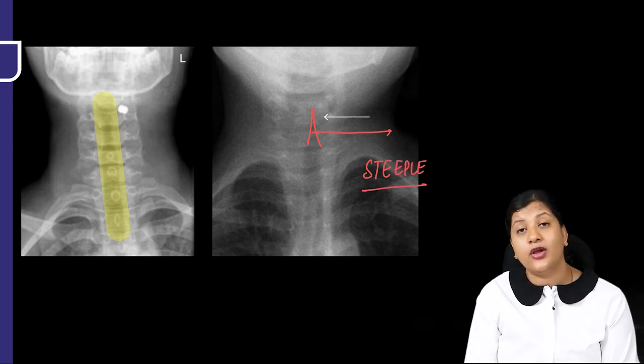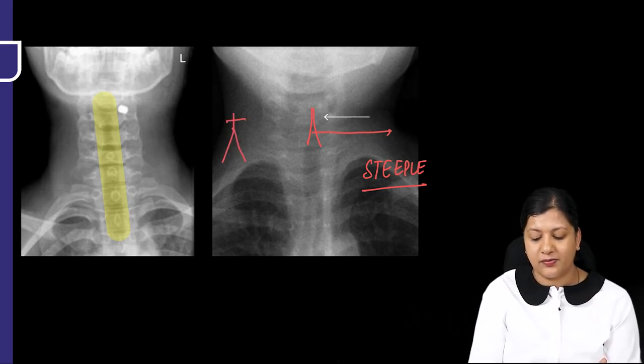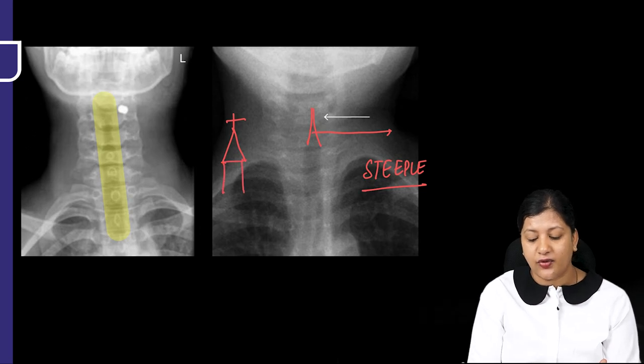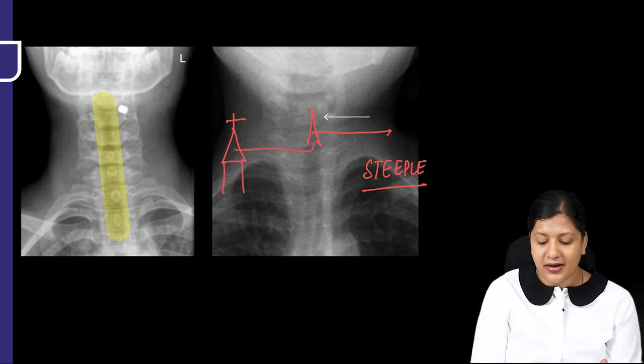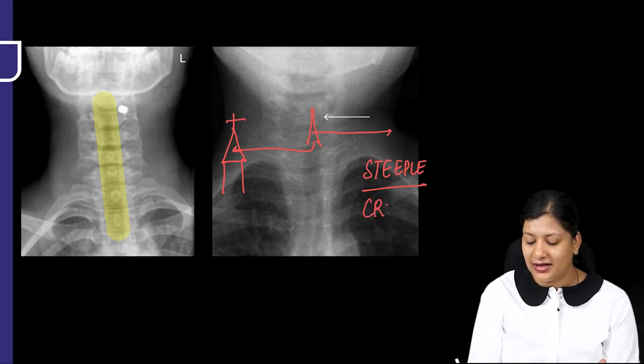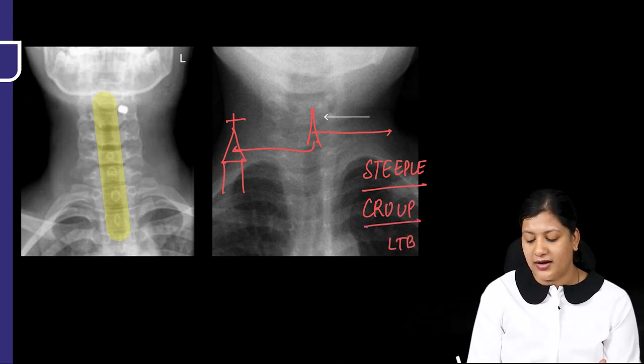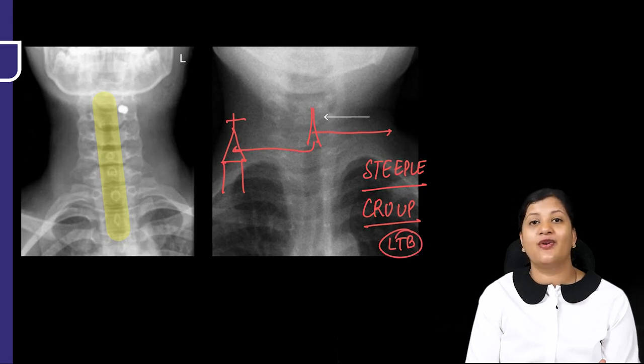It is narrowing of the subglottis resembling the steeple of the church. So we have the steeple of the church, right? So narrowing of the subglottis resembling the steeple of the church, we call it steeple sign, and steeple sign is seen in croup. And what is croup? Laryngotracheobronchitis is called croup. So laryngotracheobronchitis is called croup, and this sign is called steeple sign.